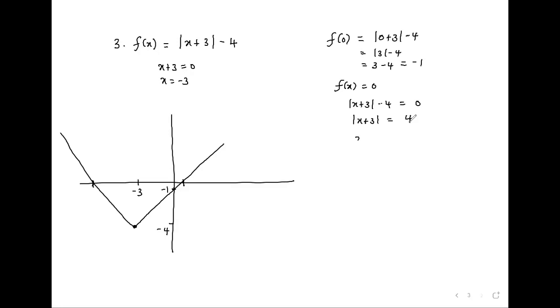So obviously you get x plus 3 is 4, or x plus 3 is minus 4. So x is equal to 4 minus 3, and x is equal to minus 4 minus 3. Meaning x is equal to 1, x is equal to minus 7. So 1 is this side, minus 7 this side.